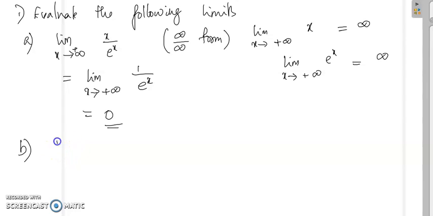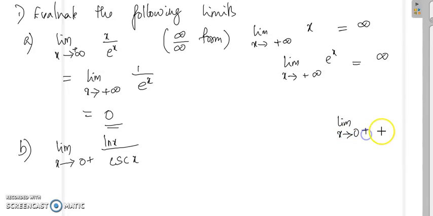Now let us take limit x tends to 0 plus, ln x by cosec x. Again limit x tends to 0 plus, ln x.